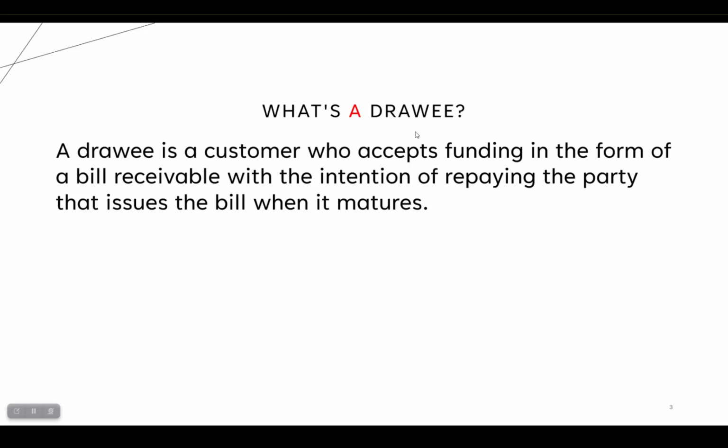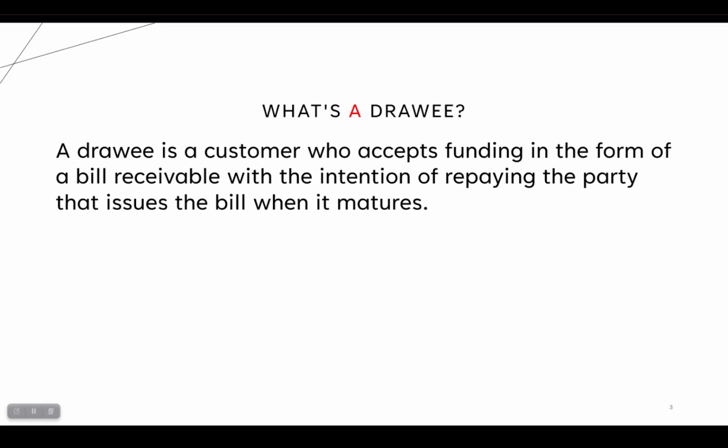This drawee means that the customer accepted that he will pay this amount in the future to these organizations. And also, when you create the customer AR transactions, you have to assign this customer site to the transactions to highlight that these transactions are going to create a bill receivable.